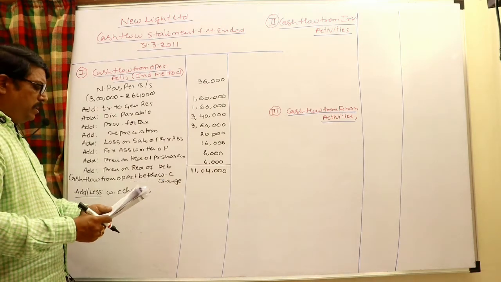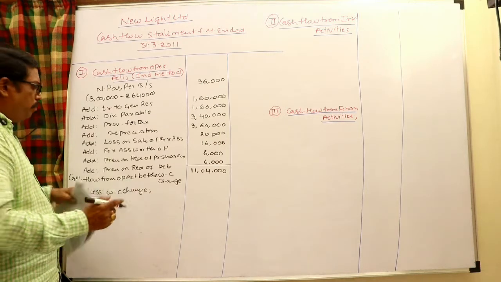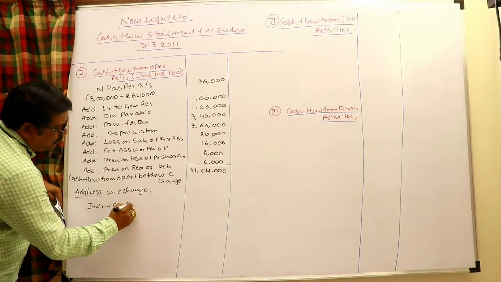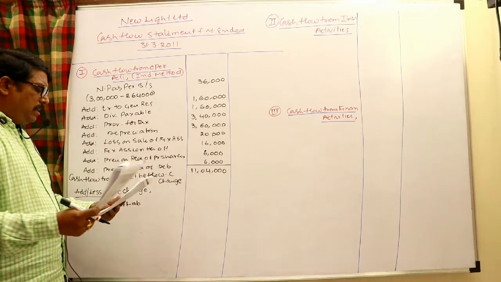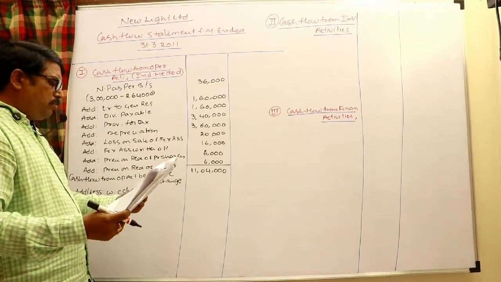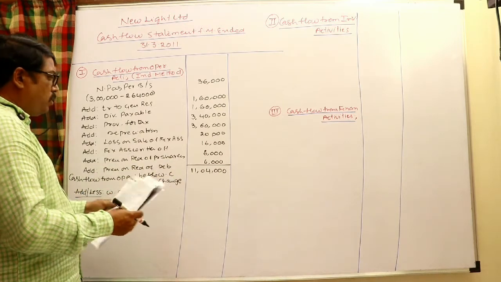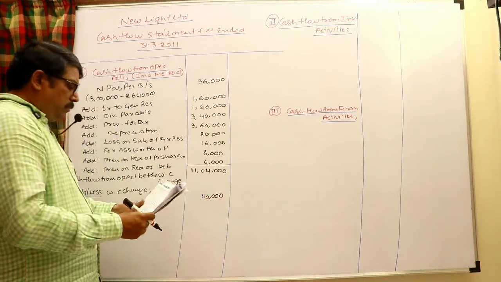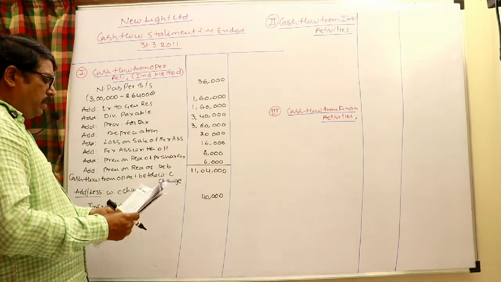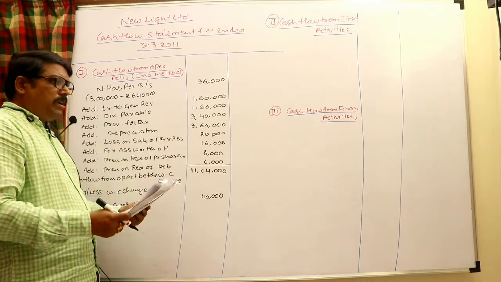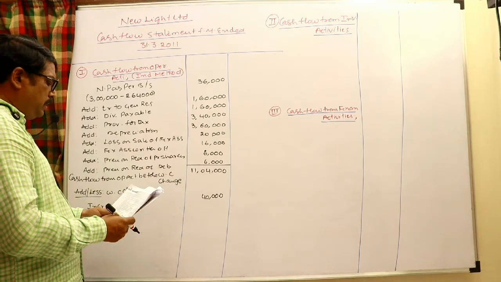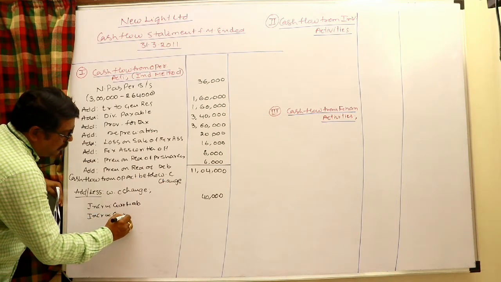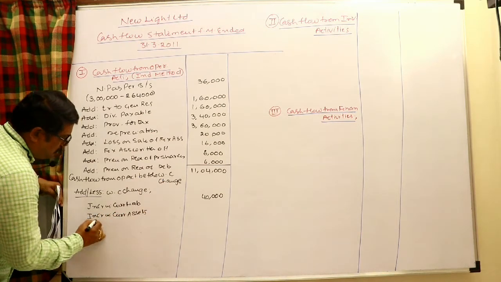If you check your current liabilities, there is an increase, which is an inflow. Increase in current liabilities, you may check 4 lakh 80, 5 lakh 20, so 40,000 inflow. And if you check your current assets comparatively, again there is an increase between opening and closing. Increase in current assets is an outflow.